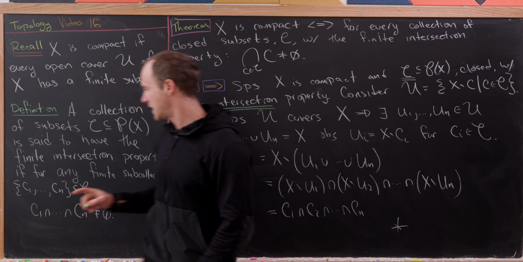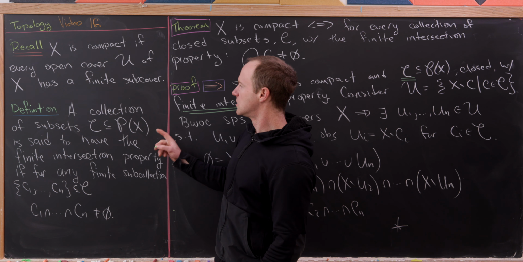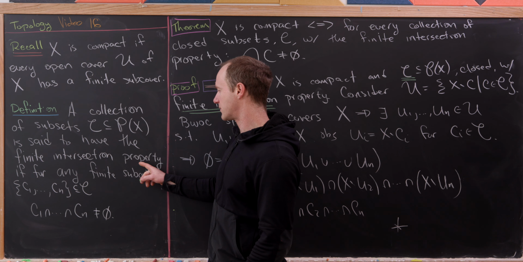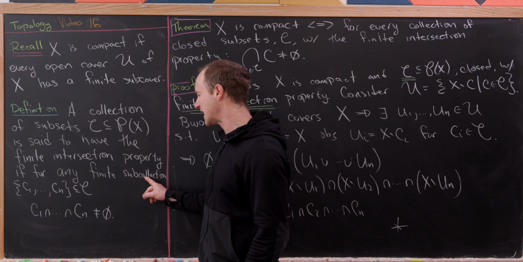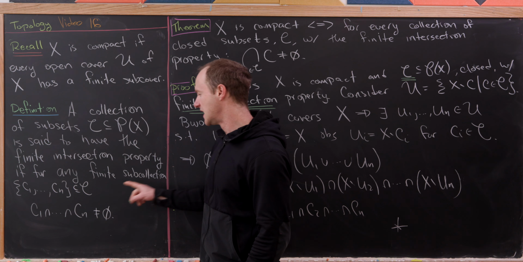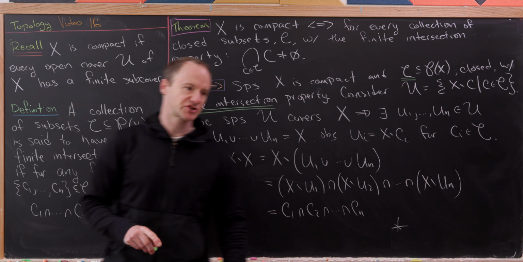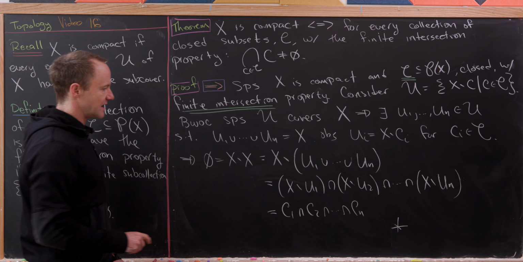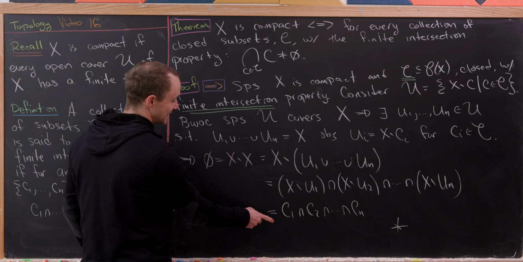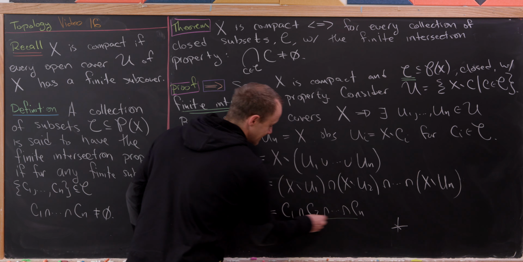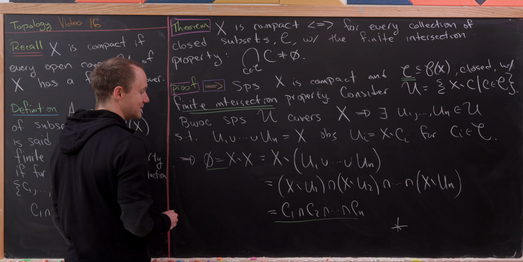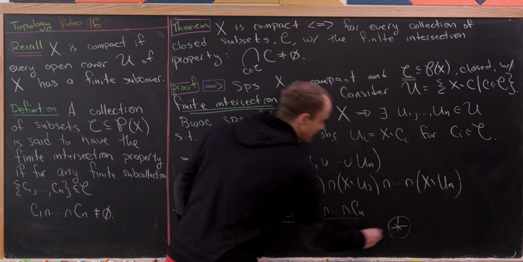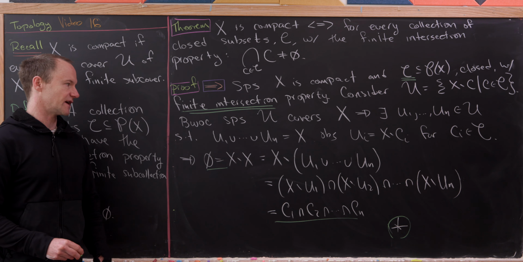But let's go over here and look at the finite intersection property, which says that any finite subcollection has a non-trivial intersection. But look at what we've done right here. We have constructed a finite subcollection that has an empty intersection. And so that's why we got this contradiction right here.